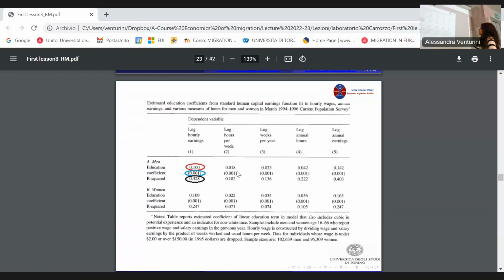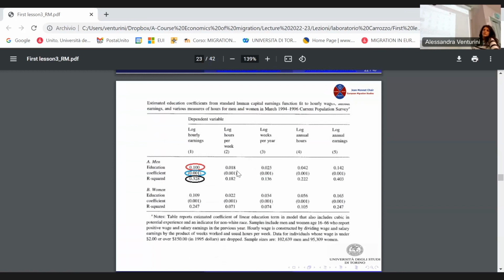Yes, please. And could you also make some hypotheses about the fact that for men, the spread is so different between hourly earnings and annual earnings, and for women it is the same? You see, for women it is lower. That means that other variables are important.